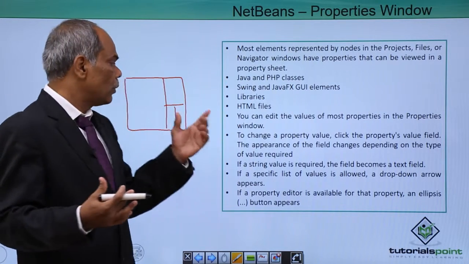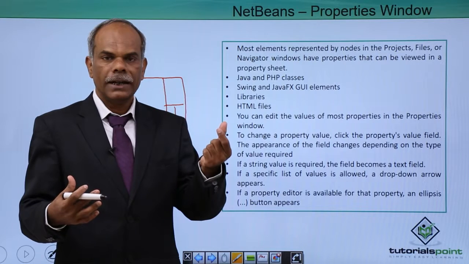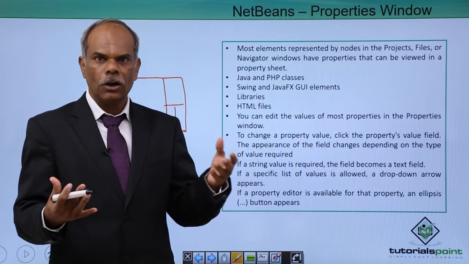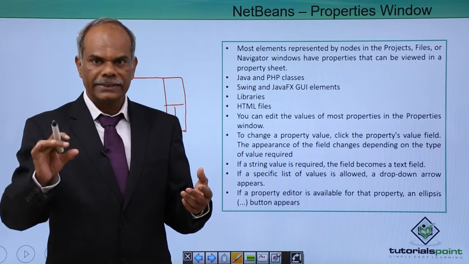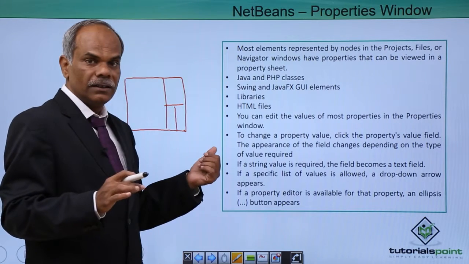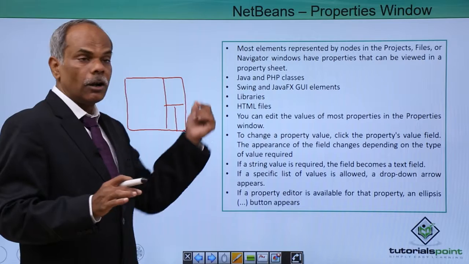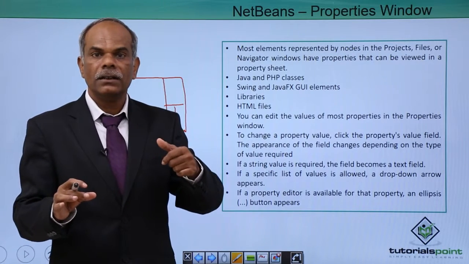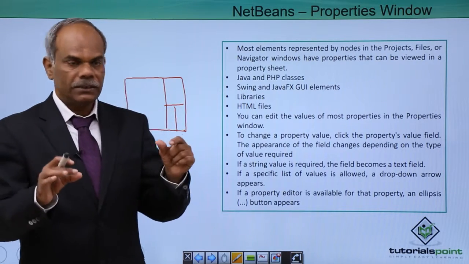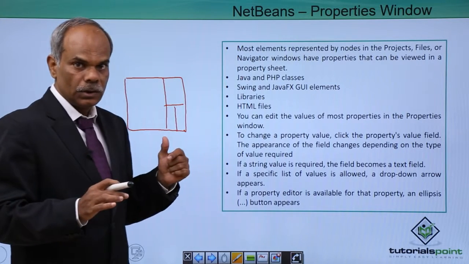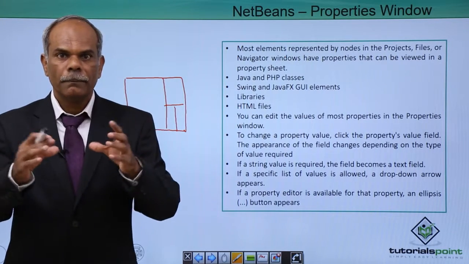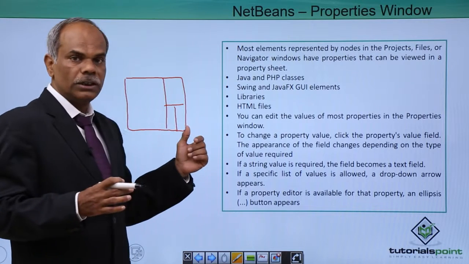So for example, if you have a button and you change the caption of the button, the size of the button, etc. from the property window, it will automatically be reflected in the object of the button that you create in the Java source file. So it is an easy way to manipulate the values associated with it.